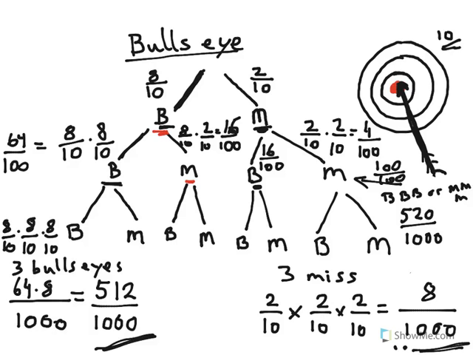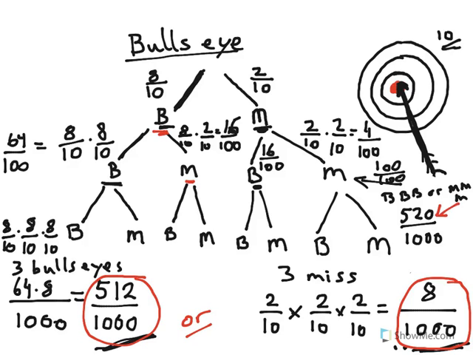You can have either 3 bullseyes or 3 misses. So we add our 512 thousandths to our 8 thousandths, because we now have or, either that or that. We add 512 plus 8 to give us 520 1,000ths.